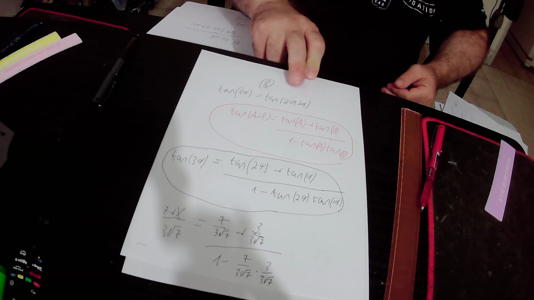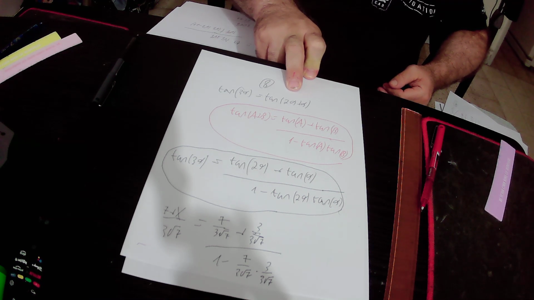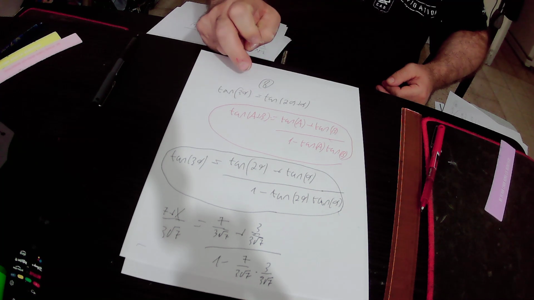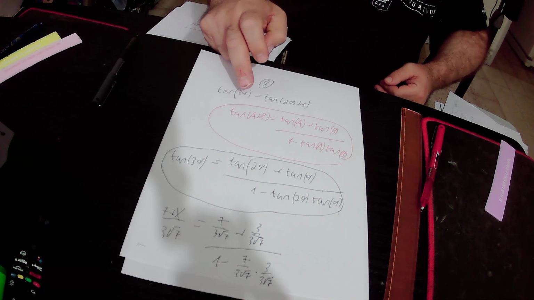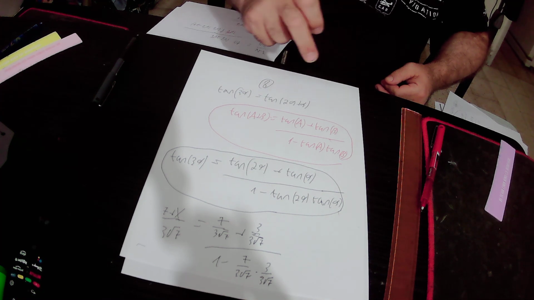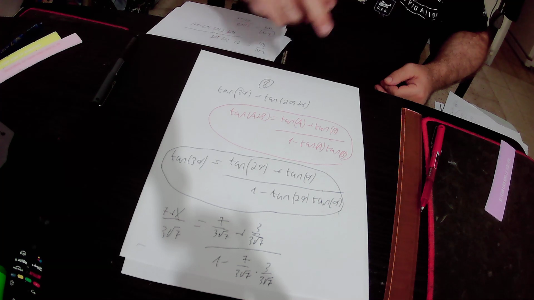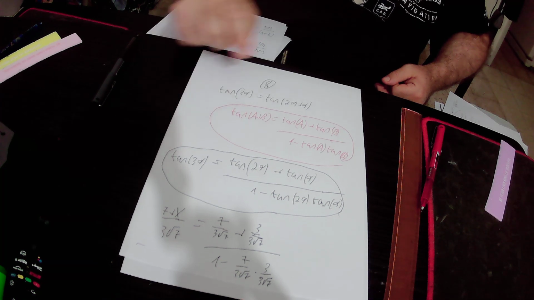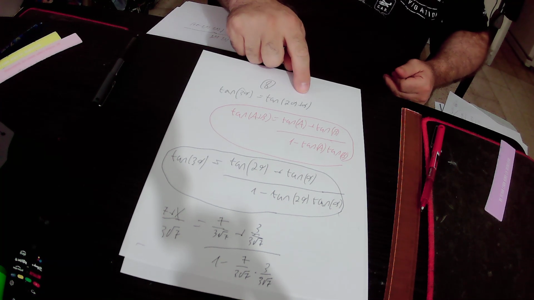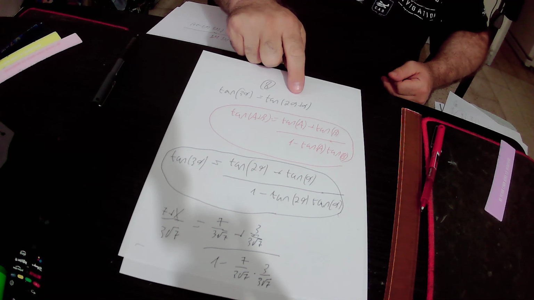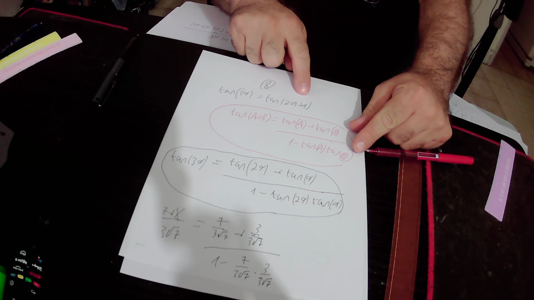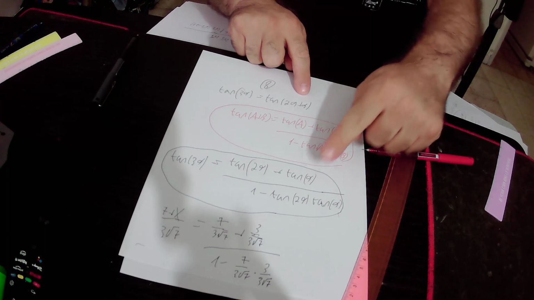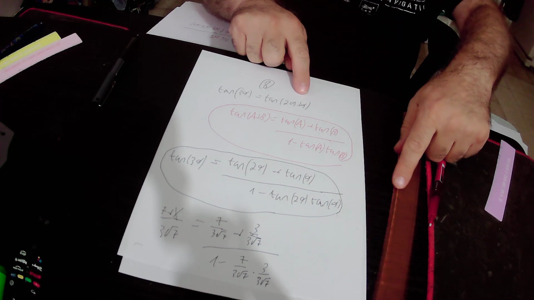And in order to calculate the value of tangent of 2 alpha plus alpha, I presented to you a trigonometric identity that states that tangent of A plus B equals tangent A plus tangent B over 1 minus tangent A times tangent B. So we found the value of tangent 3 alpha according to this trigonometric identity. Okay?